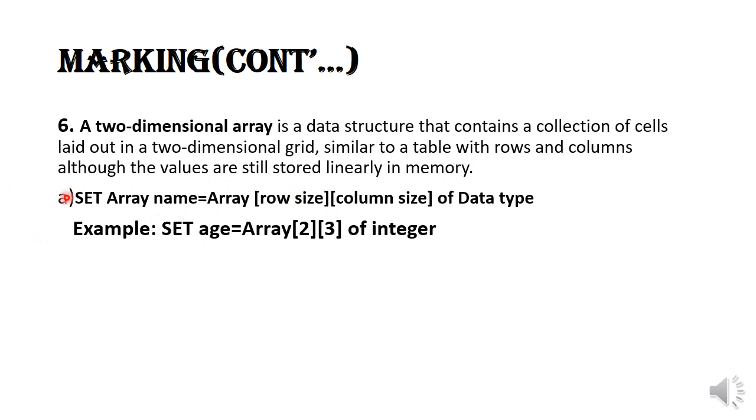These are pseudocodes. These are not real codes, meaning these are not the codes of any given programming language. So this is how we can declare a two-dimensional array in algorithms, using pseudocode.